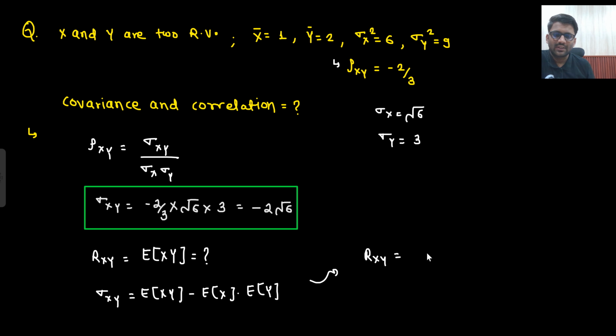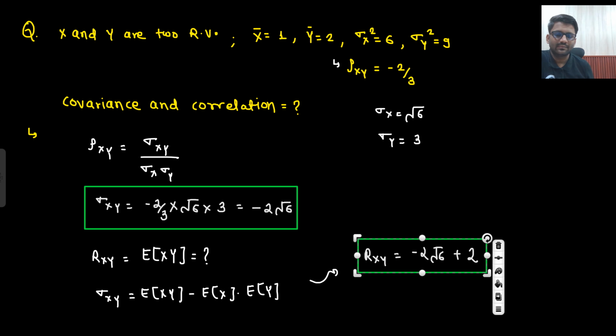Sigma xy is minus 2 under root 6, plus 2. There you go. Basically, this goes here, so it becomes plus, and mu x into mu y is 2 into 1, that would be 2. So E of xy, or rxy, whatever you call it, equals minus 2 under root 6 plus 2.